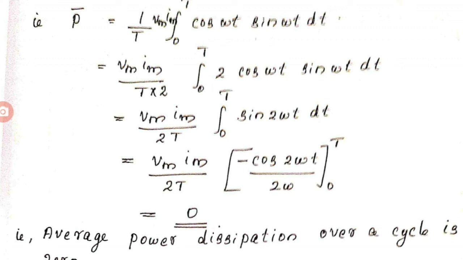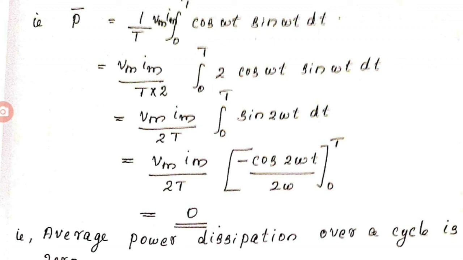As we discussed in the previous case, we have to replace cos ωt sin ωt with sin 2ωt/2. So our expression becomes Vm Im/2T integral 0 to T sin 2ωt dt, and integrating sin 2ωt will give minus cos 2ωt/2ω between the limits 0 and T. The same thing we have done in the previous topic.